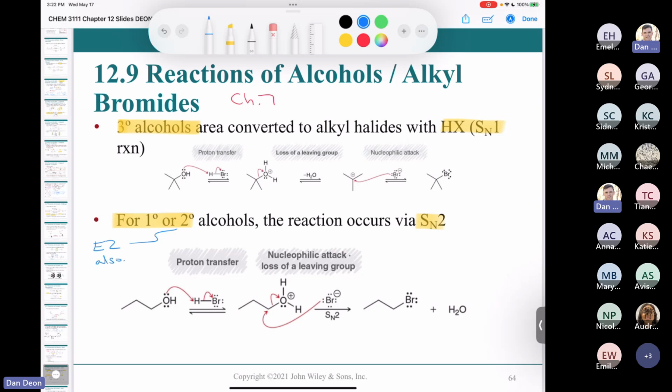But again, this is all Chapter 7 material. Where it gets new for you in this class, in Chemistry 3111, is that this reaction works well with HBr, not HCl. Remember, HCl is a weaker acid than HBr.